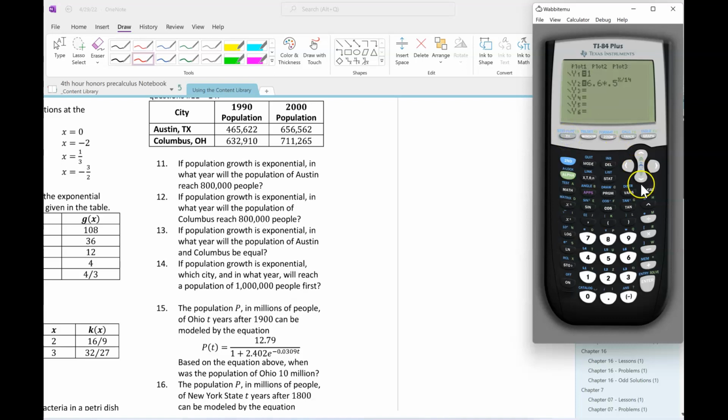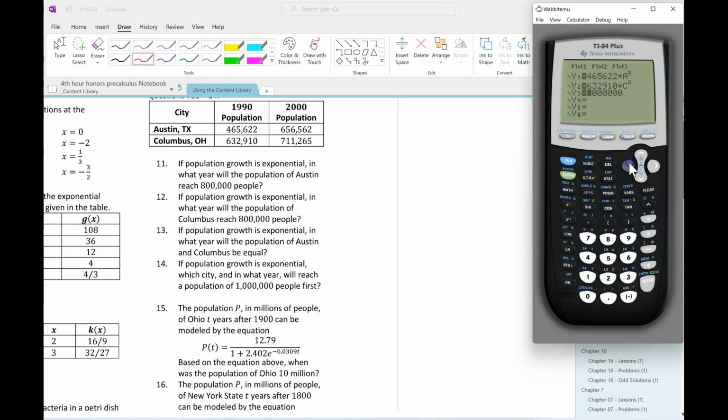All right. So, Amy, what I would do to do number 14, I would graph both of my models. So my model for Austin, and then my model for Columbus, along with the 1 million line.